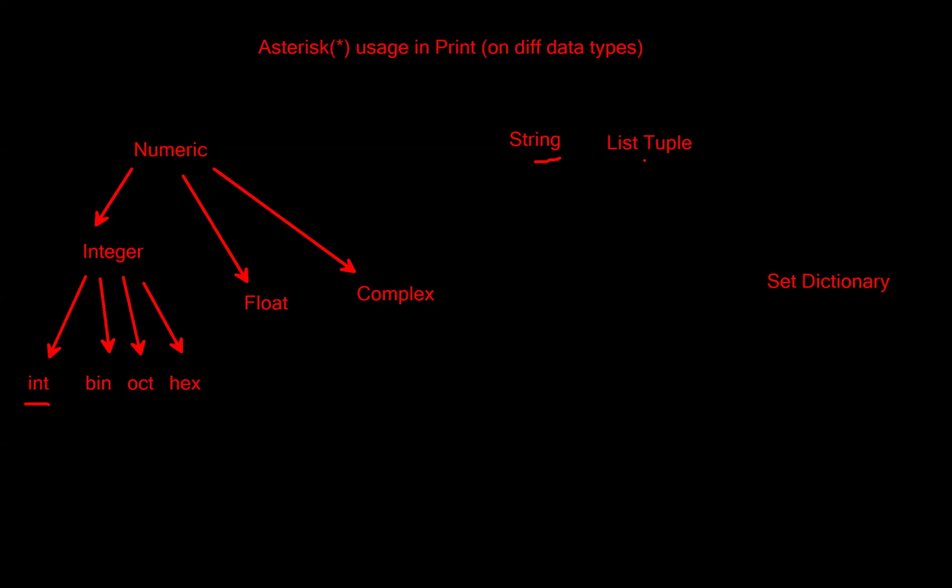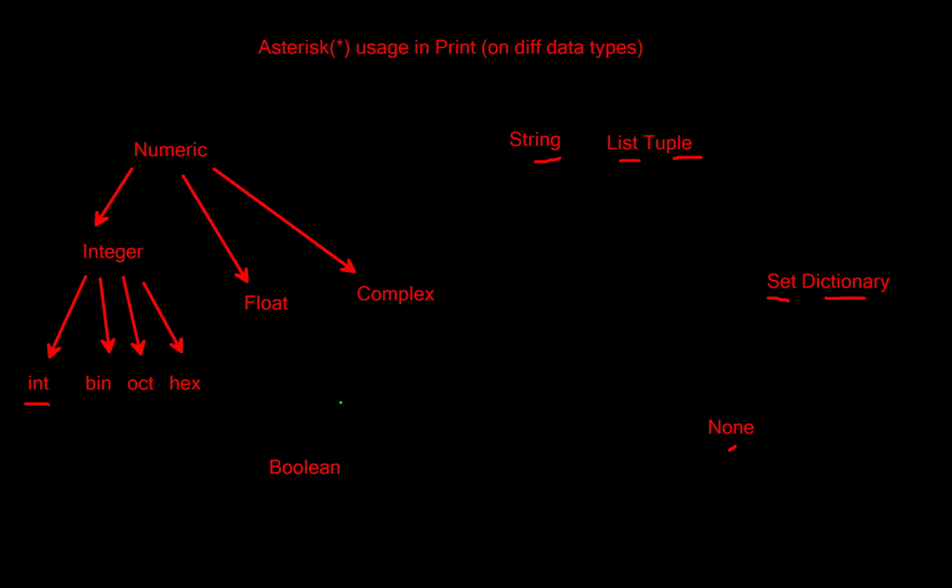Sequence data types are these three only, right? String, list, tuple, numeric, set, dictionary. What else is left? None. And here we will take boolean also. Anything else left? That's it, right?